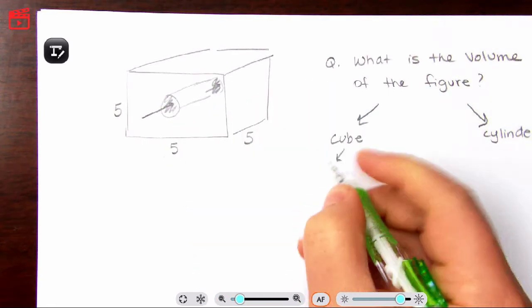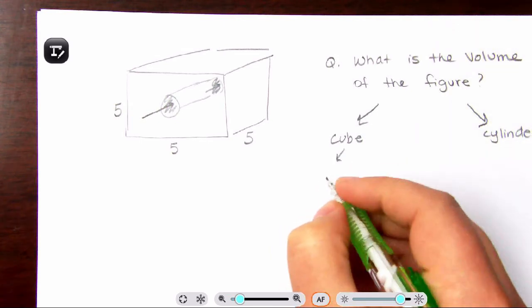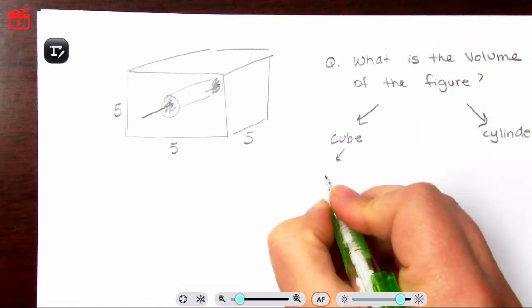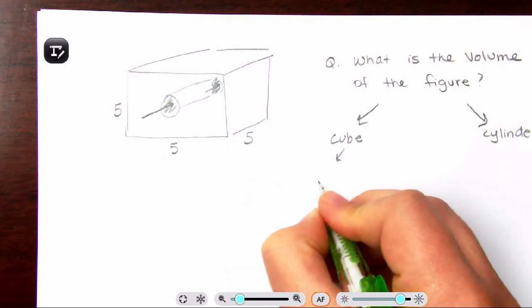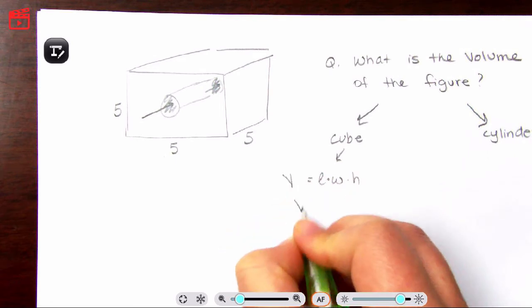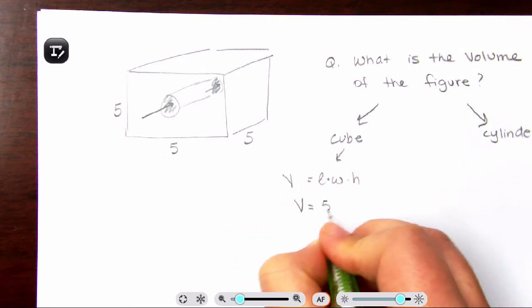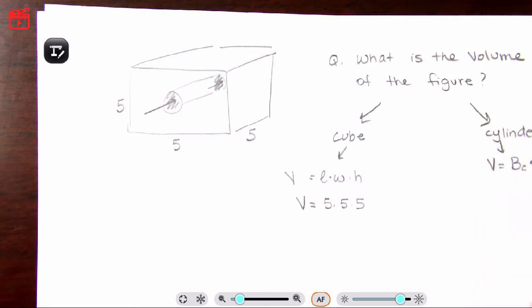A cube, you can remember that it's side cubed, or you can say length times width times height, or you can say the area of the base times the height, but I think length times width times height is the easiest. So we have 5 times 5 times 5. Cylinder, we know the volume is area of the base, so area of the circle, times the height of the prism.